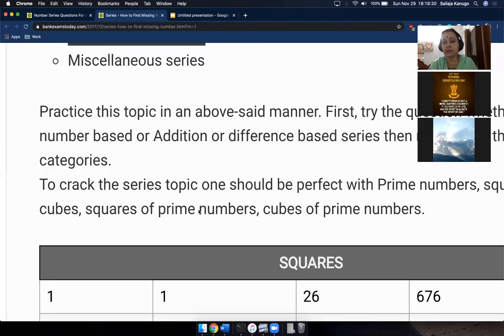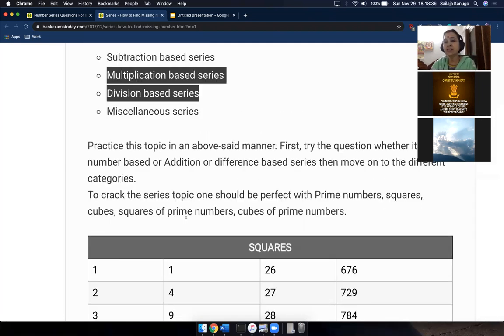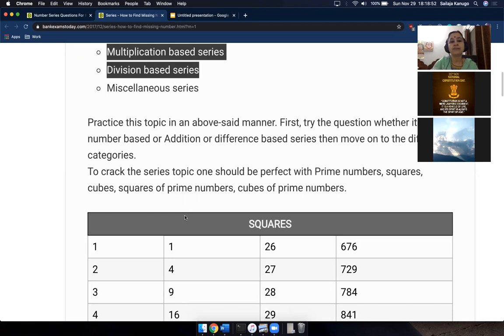Before going to the questions, one more very important thing you have to do is learn the squares and the cubes. What is meant by a square of a number? Please answer, in your own words.